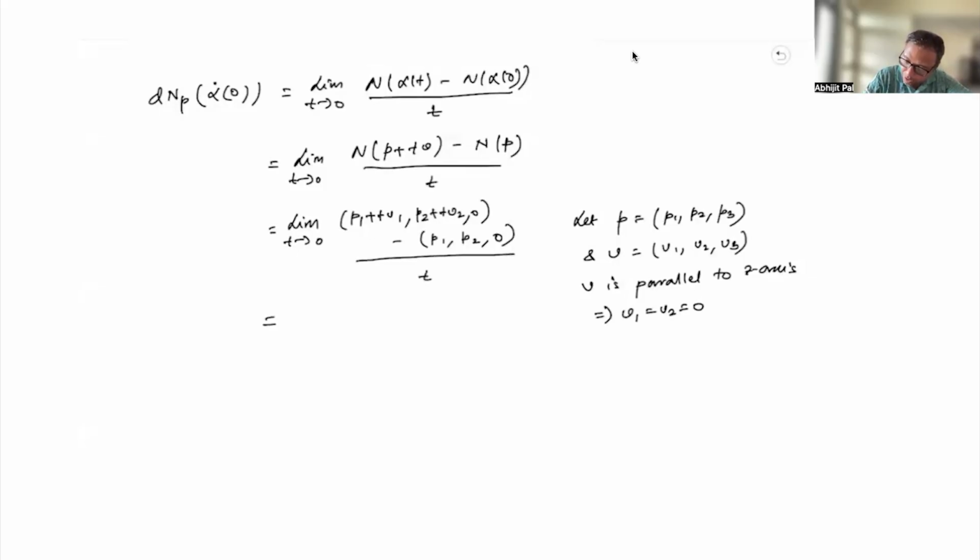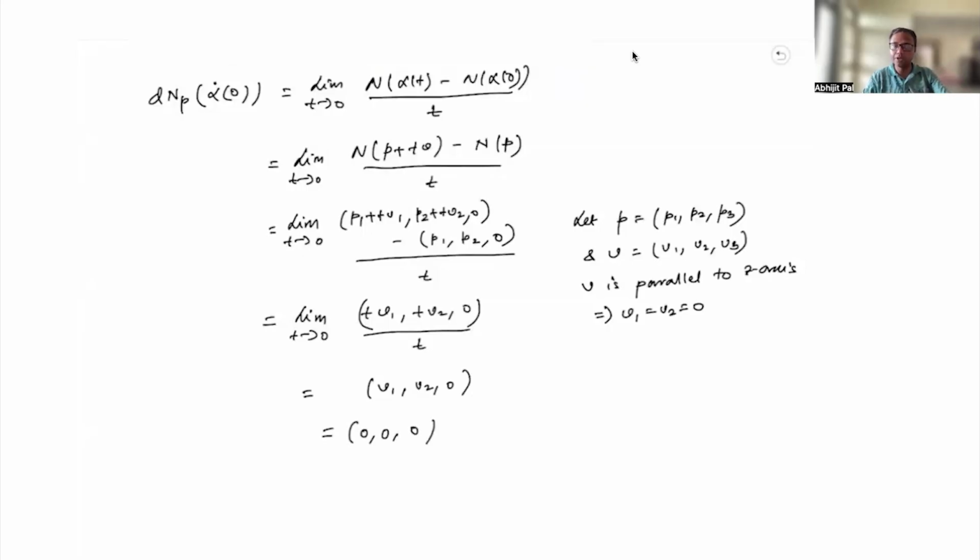So this will be equal to limit t tends to 0 of P1 plus tB1, P2 plus tB2, 0 minus P1, P2, 0 whole divided by t, which is TB1, TB2, 0 divided by t. So this is equal to B1, B2, 0, but B1 and B2 are 0. Therefore, dNP of alpha dot 0 is equal to the 0 vector.